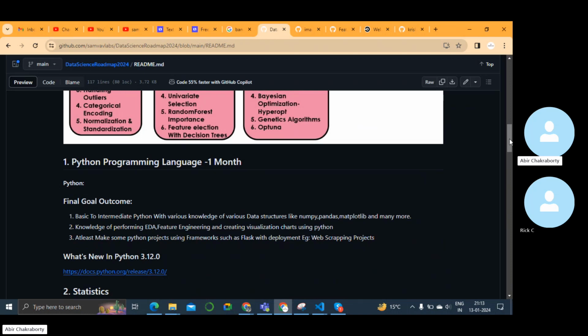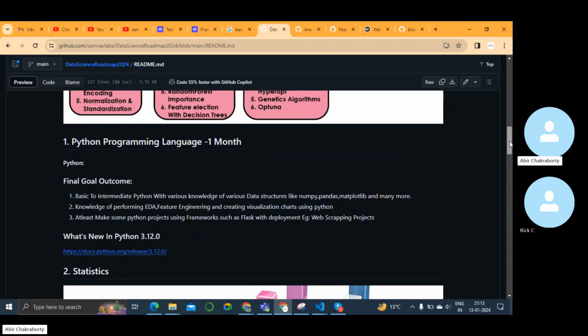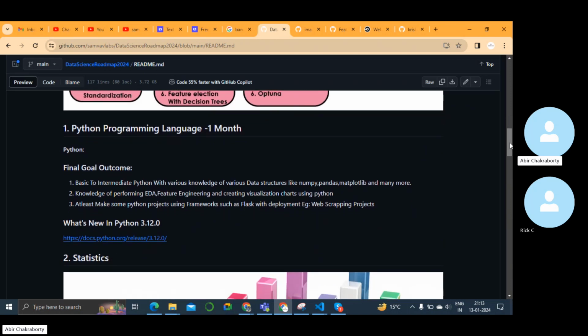So in this initial 1 month of our learning roadmap, we would be learning Python to the fullest. Here we would be learning data structures, various data science analysis techniques with NumPy, Pandas, and visualization techniques like Matplotlib, Seaborn, and many more. After we learn all these basic aspects of Python, we would be using them in performing EDA.